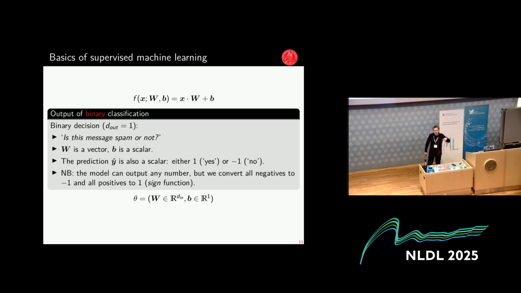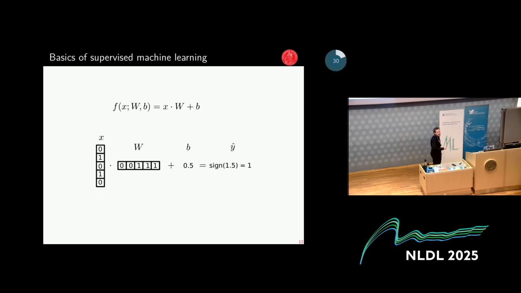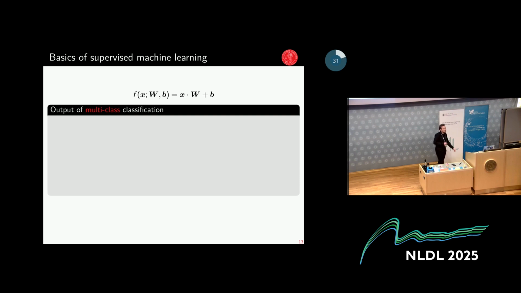But for simplicity, we will just convert all negatives to -1 and all positives to +1 using the so-called sign function. So this is the plot, the depiction of such a binary classifier, which takes as an input some feature vector and predicts 1 or -1. So class 1, class -1.